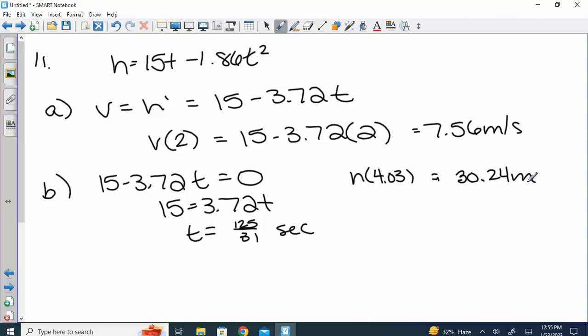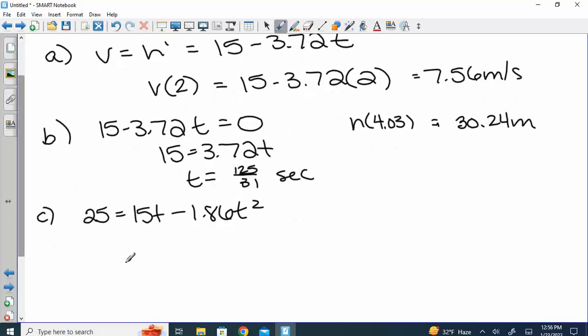All right. So part C, I want to know the velocity when the height is 25. Okay, so I have the position, and I want the height to equal 25. So I'm going to set the original to 25.